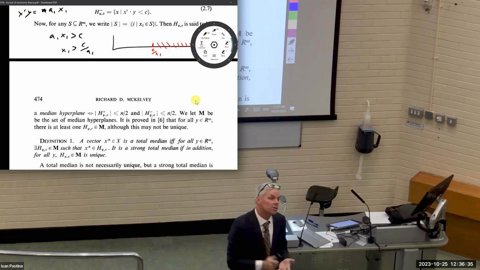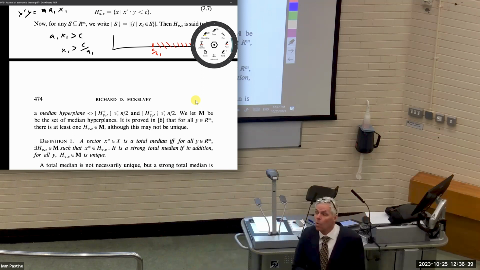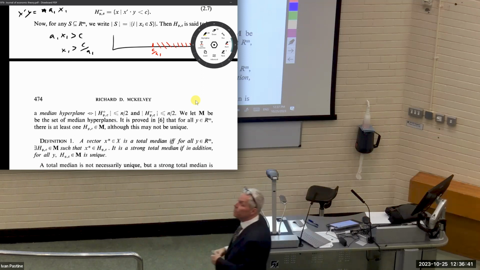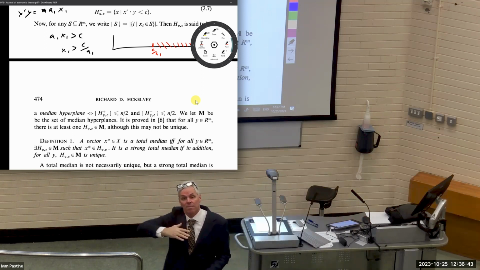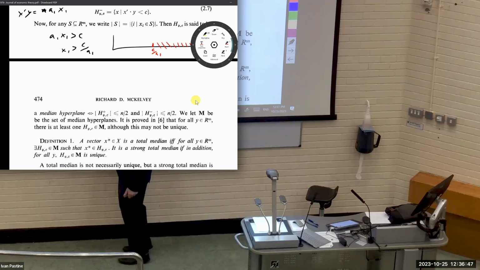It's important when you're understanding papers. It's important when you're writing papers. Here, what I said was we're going to move it till there's half the people above and half the people below. Right? In which case we would pick the y and the c such that the number of people above it was equal to n over 2, half the people above.